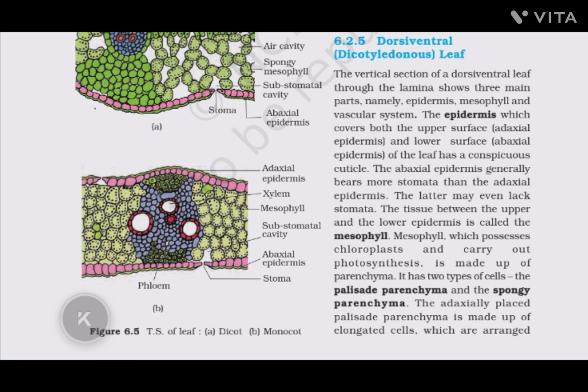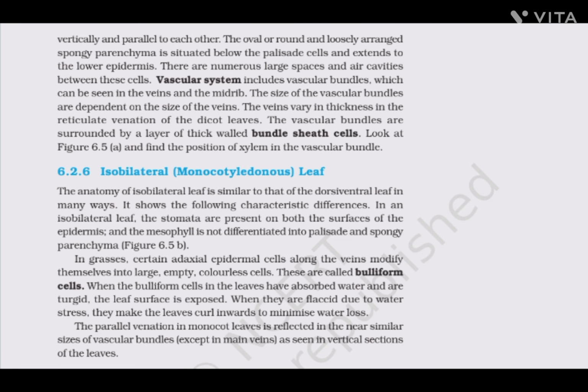The adaxially placed palisade parenchyma is made up of elongated cells which are arranged vertically and parallel to each other. The oval or round and loosely arranged spongy parenchyma is situated below the palisade cells and extends to the lower epidermis. There are numerous large spaces and air cavities between these cells.